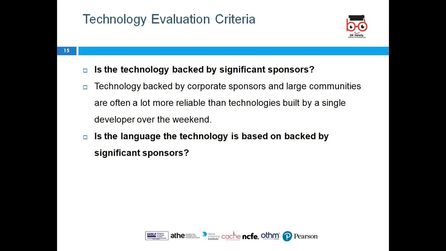Would you be expecting a big company or a free source? Big company, yes. So you need to think about whether your technology is backed by a significant sponsor, and whether the language the technology is based on is backed by a significant sponsor as well. That's a really good question, isn't it?